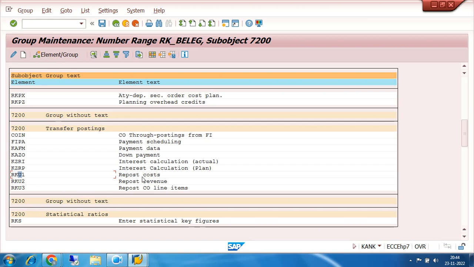Or it may happen that a salary expense is posted entirely in cost center department X, but we want to repost the cost, 50% of the salary in department X, and another 50% we transfer to department Y. So that is a costing technique, that is work in cost accounting.